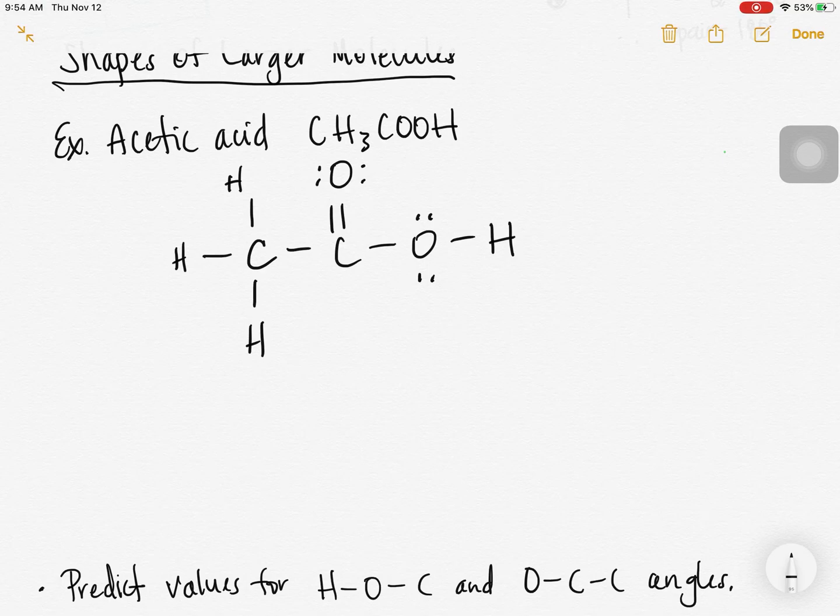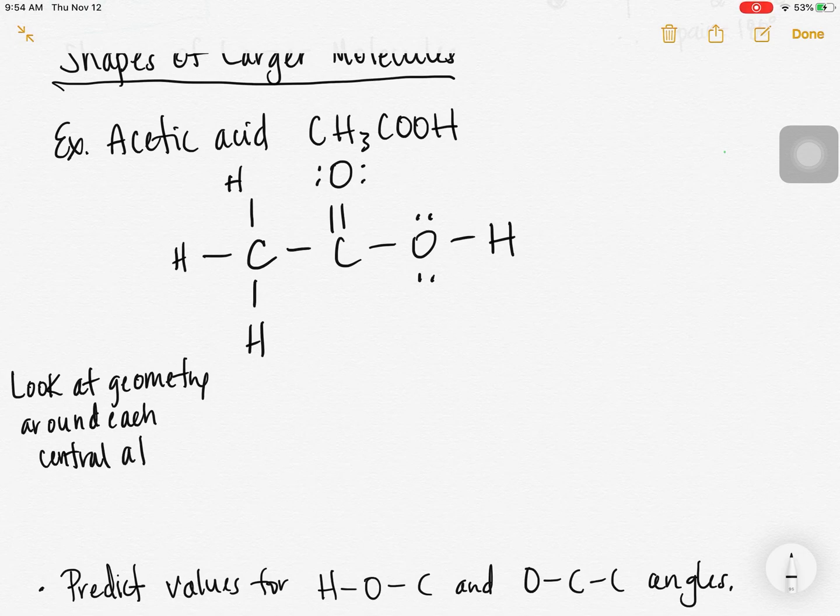So if I asked you about the geometry of this, you should say, I have no idea, because we've yet to talk about how we can take the discussion of VSEPR and break it down for a larger molecule. So what we're going to do is look at the geometry around each central atom.